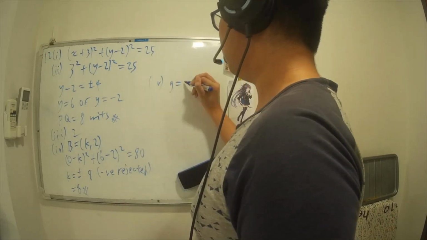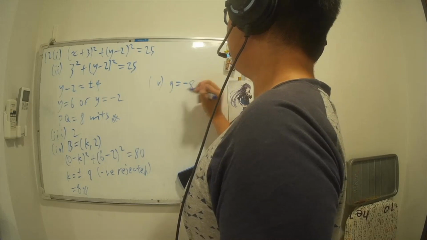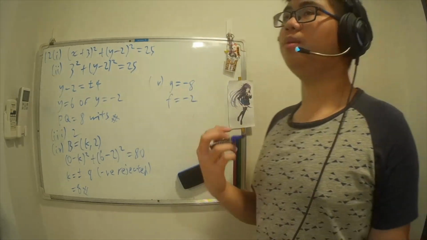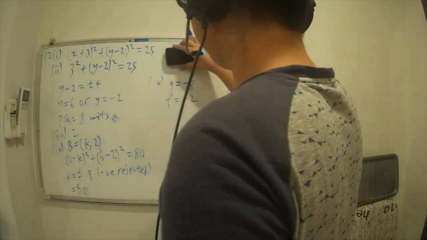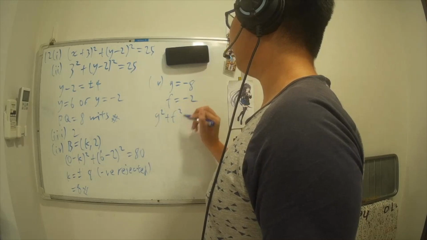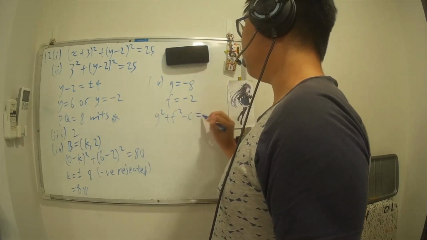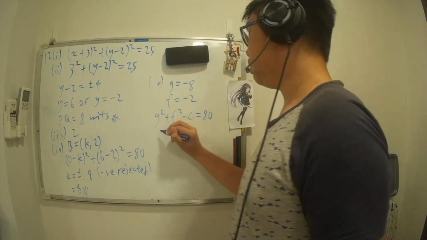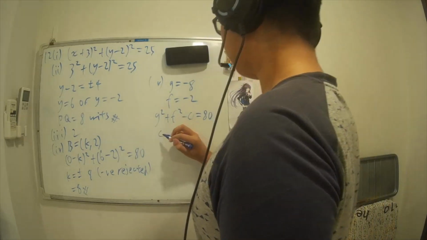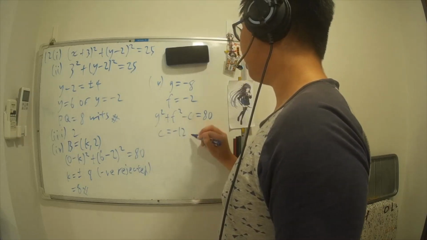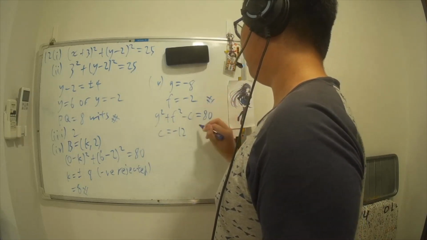G is equal to negative 8, F is equal to negative 2, because the center of the circle is minus G, minus F. Then we have g squared plus f squared minus c is equal to 80. Then this is 64, this is 68, so c is equal to negative 12. And yeah, these are all your values.